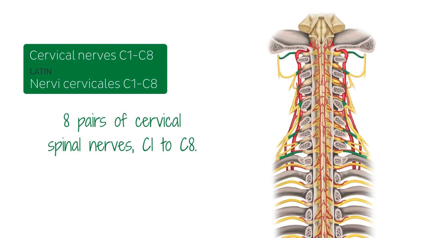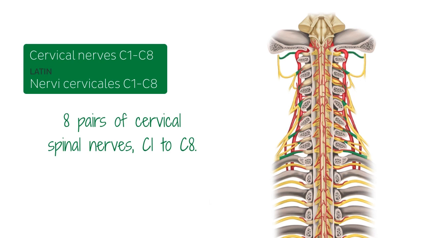However, the 8th cervical spinal nerve, C8, emerges between the 7th cervical vertebra and the first thoracic vertebra. As a consequence, all the remaining spinal nerves, beginning with the first thoracic spinal nerve T1, emerge from the vertebral canal below their respective vertebrae. This is an important point to remember in order to understand the exact position of each spinal nerve.